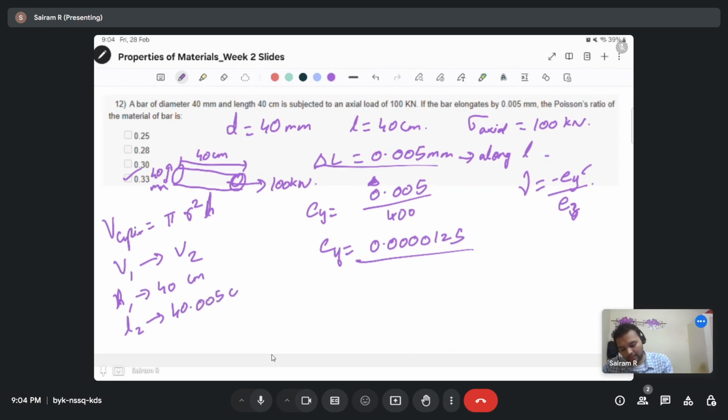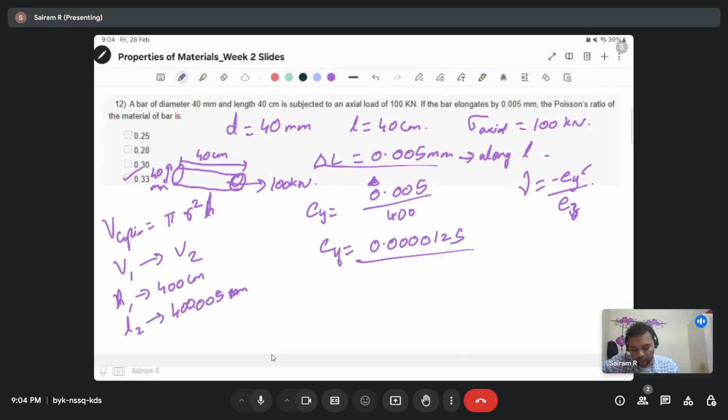40.005 centimeter, or probably even lesser than that, 0.005 mm. 400 mm to 400.005 mm. We know L1 and L2.